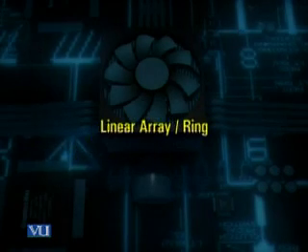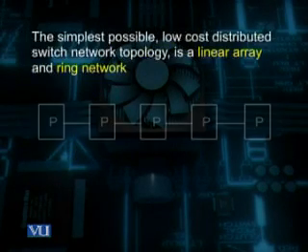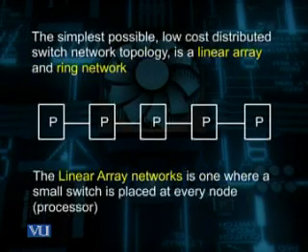Let us first of all consider the simplest possible low-cost distributed switch topology, which is the linear array, or the interconnection slightly modified to convert it to a ring network.